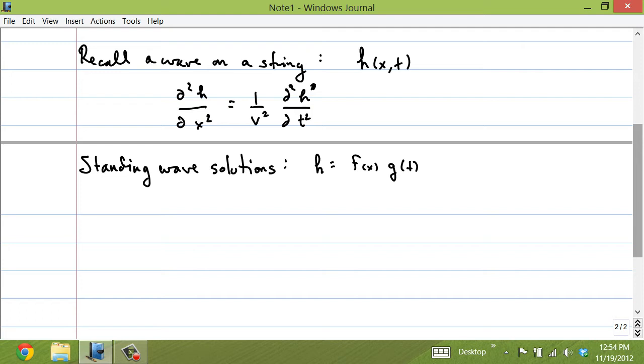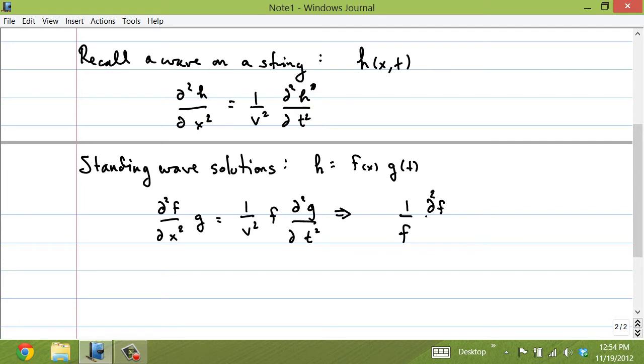And then if you plug that into the wave equation, you'll see that the left-hand side of the wave equation will involve a second derivative of f with respect to x, and the right-hand side will involve a second derivative of g with respect to time, so that, rearranging this equation a little bit and dividing both sides by f times g, we see that 1 over f times the second derivative of f with respect to x is 1 over v squared times 1 over g times the second derivative of g with respect to t squared.